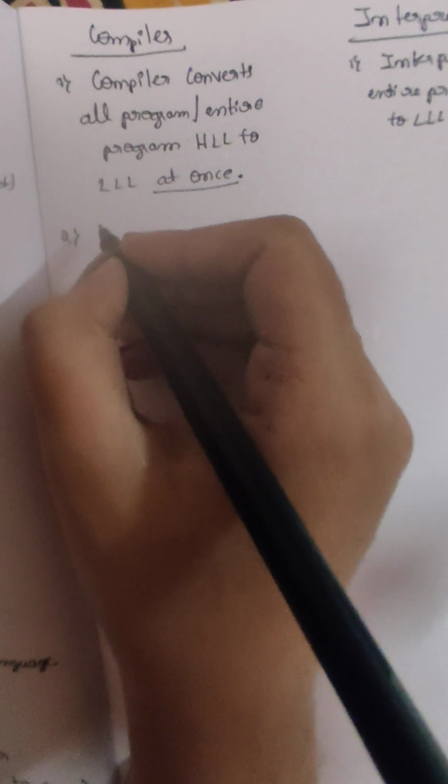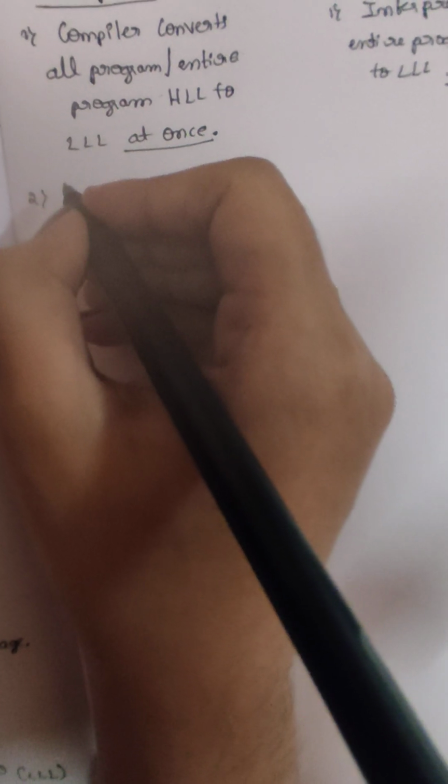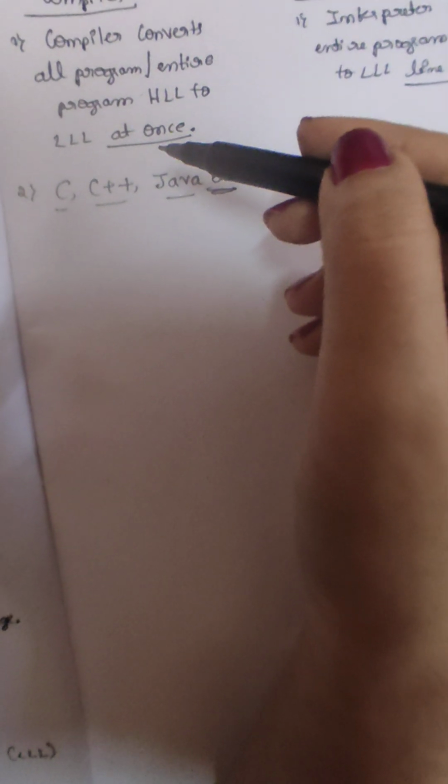So next, what are all the programming languages are using compiler to convert high level to low level means our C programming, C++, Java, etc. These programming languages are using compiler to convert their programming language from high level to low level.